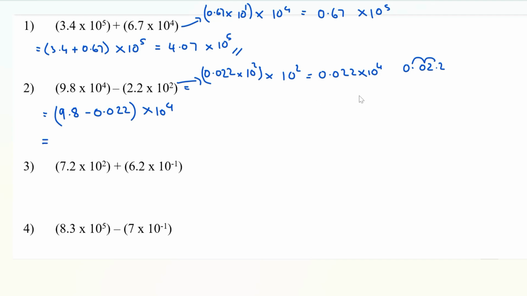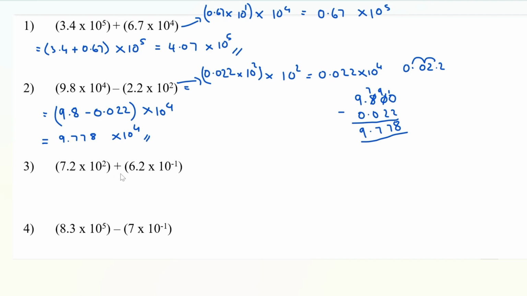So if we minus here, it gives us a final answer of 9.778 times 10 to the power of 4.